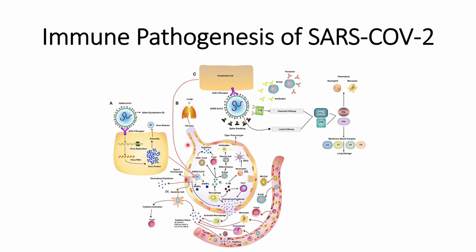This portion is the zoom-in view of the lung. So when these PAMPs and DAMPs are detected by the macrophages, they get activated and release chemokines and cytokines that will activate and trigger the other immune cells to come to the site of infection.